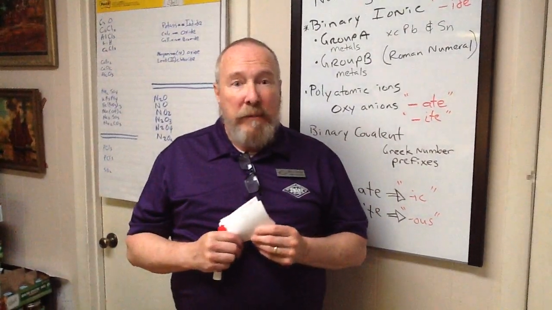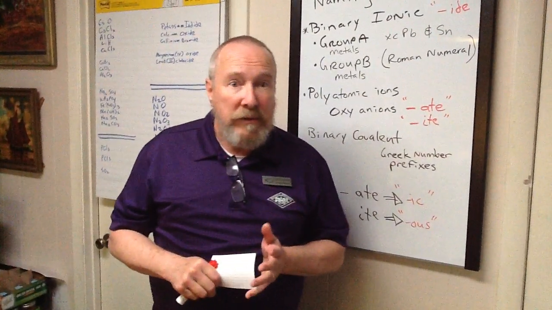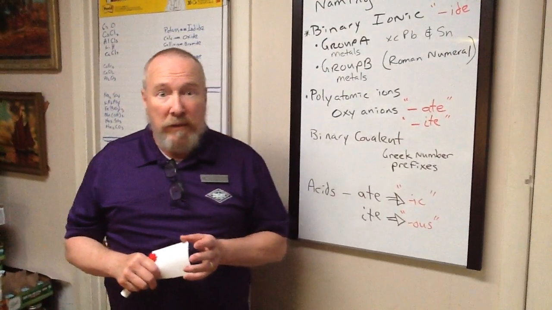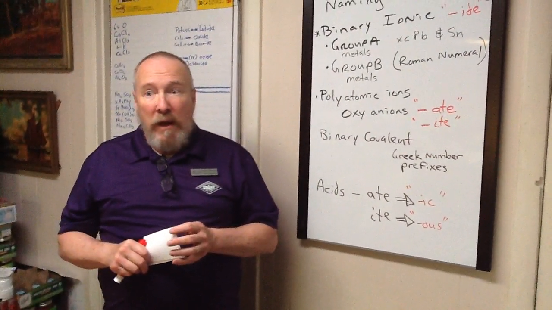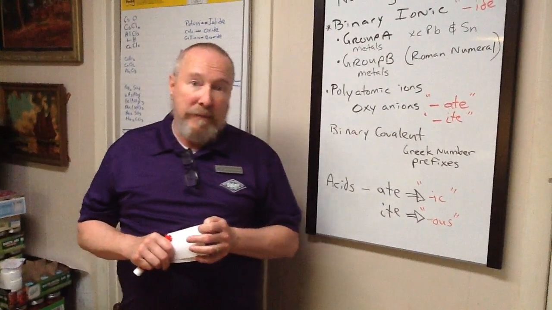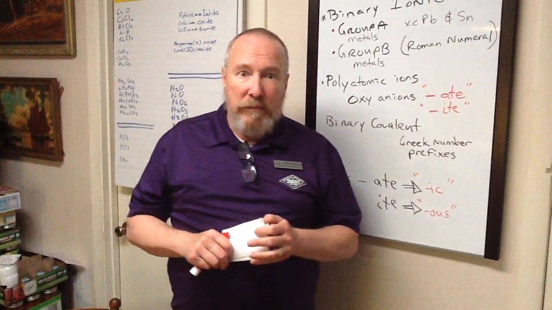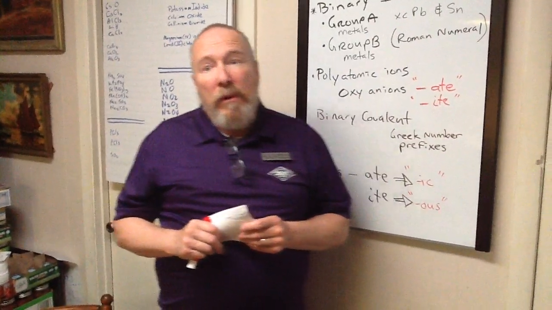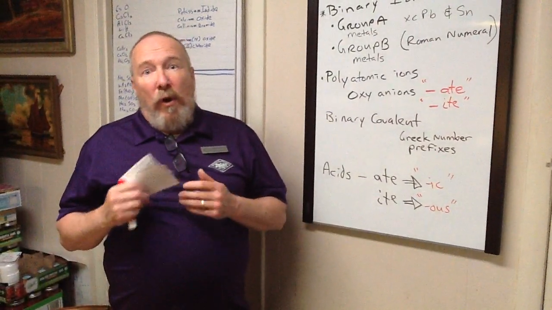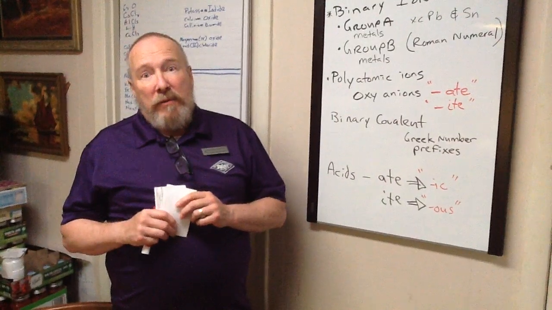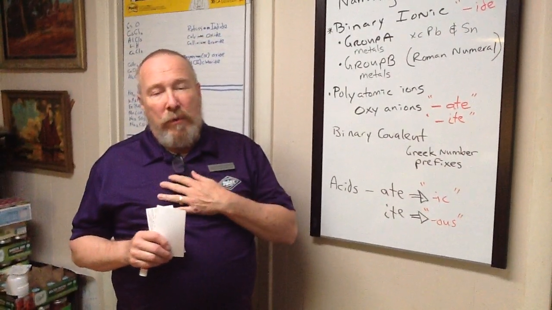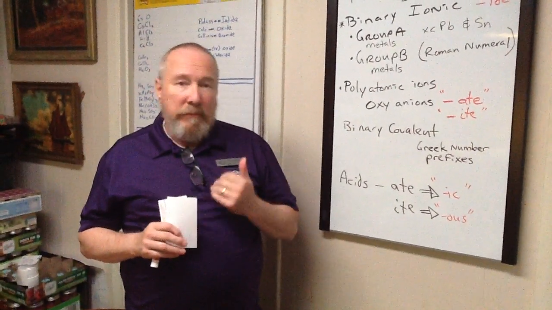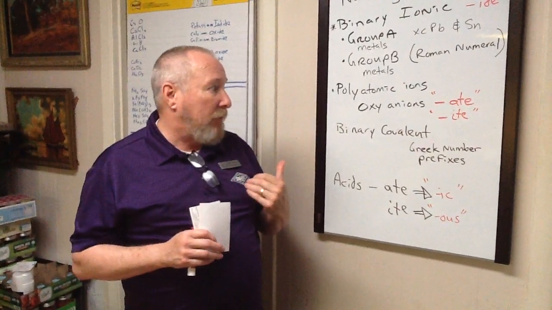Some polyatomic ions like ammonium are positively charged and don't have oxygen in them. It's NH4+. The cyanide ion, CN-, for example, is another one. So they don't all have oxygen, but the majority and the most important ones that I want you to know will, and I'm going to give you some names and examples of those.